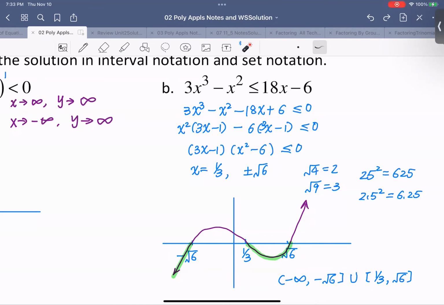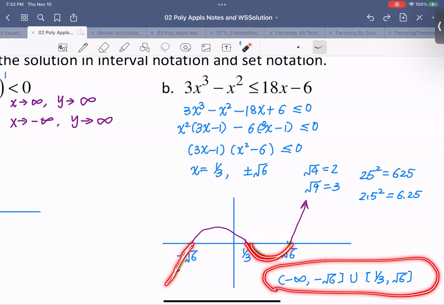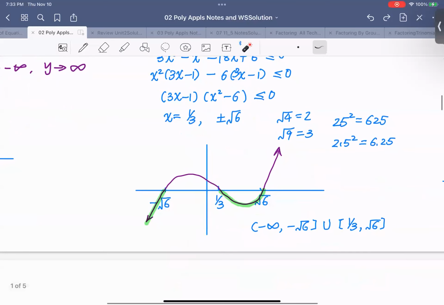You are looking for the y value less than 0, so it's this piece and this piece. This is your correct expression. If you want to use the set format, you can say x is less than or equal to negative square root 6, or 1/3 less than or equal to x less than or equal to square root 6. Okay.